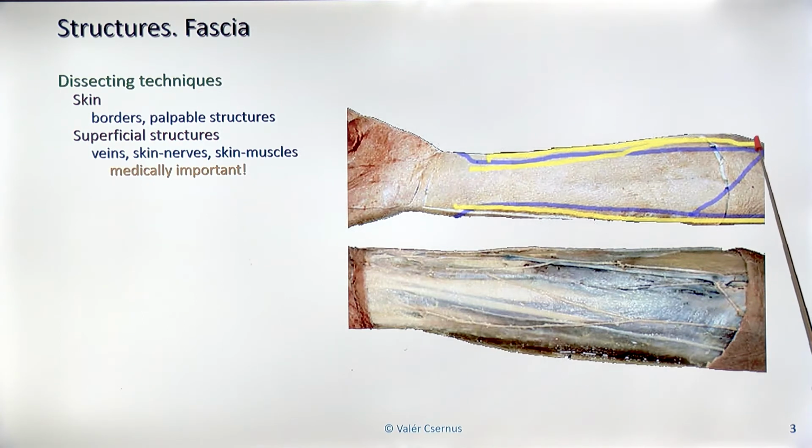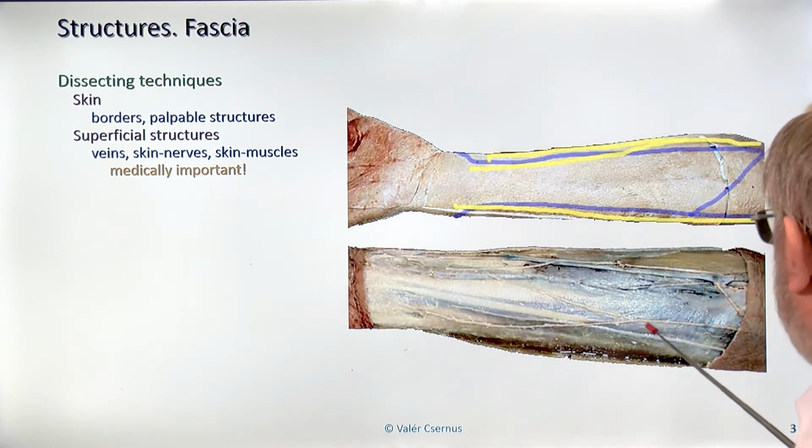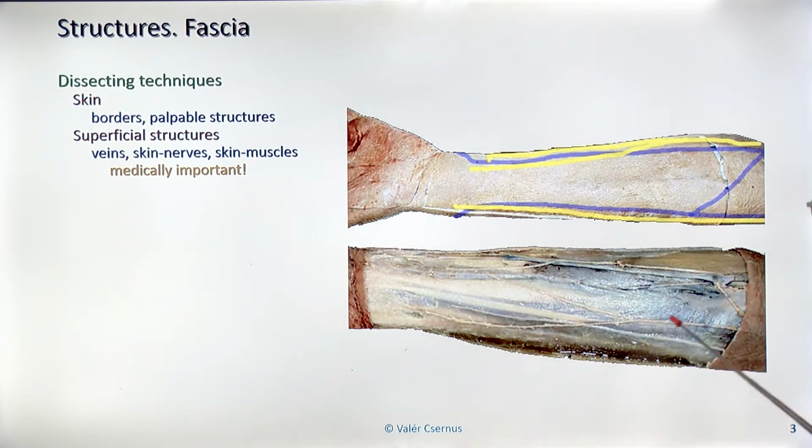It's a very good idea that we imagine or even draw the superficial structures, because they are very delicate, very sensitive. The removal of the skin is technically not really easy, and just to protect this area, you have to get knowledge of it. You have to get an area where we can expose these structures.